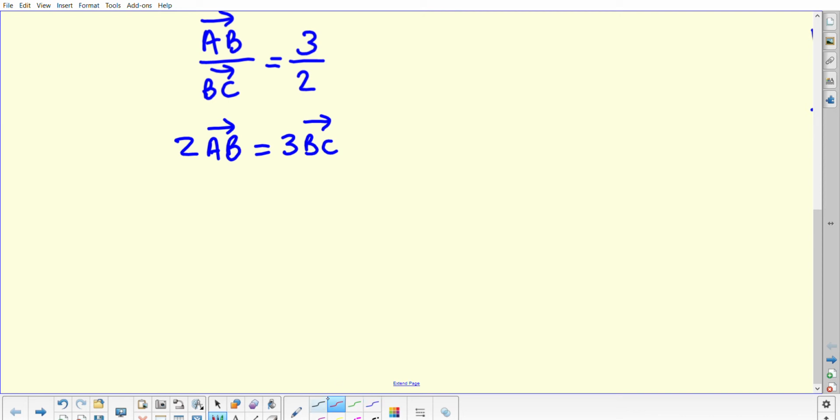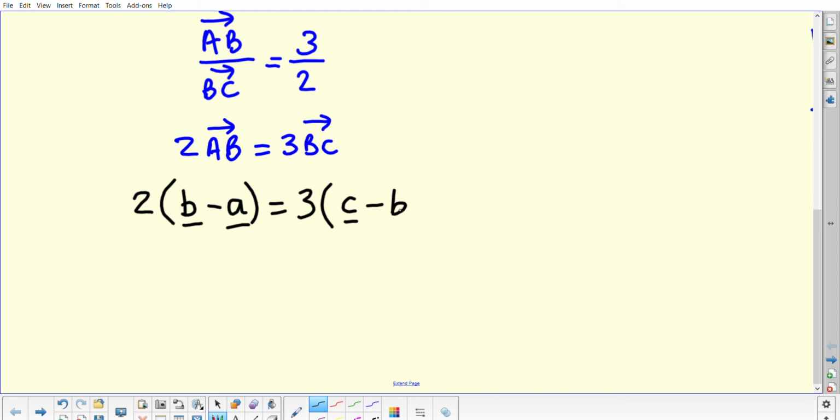So this here lends itself quite easily to saying position vector A to B is B minus A. So 2 bracket B minus A must be equal to 3 times C minus B. And from that we get 2B minus 2A equals 3C minus 3B.